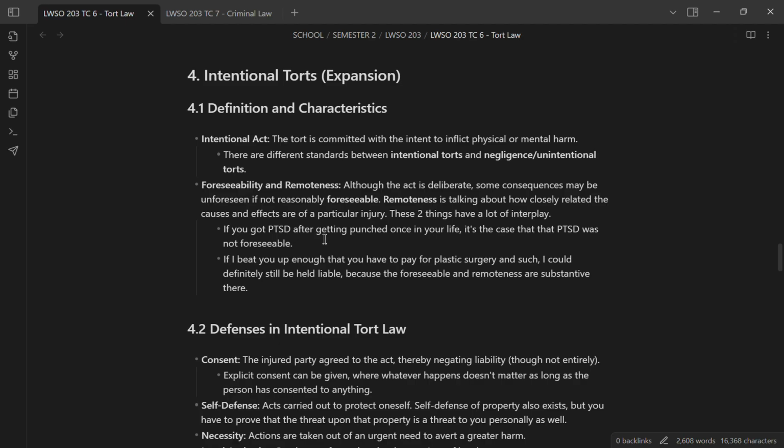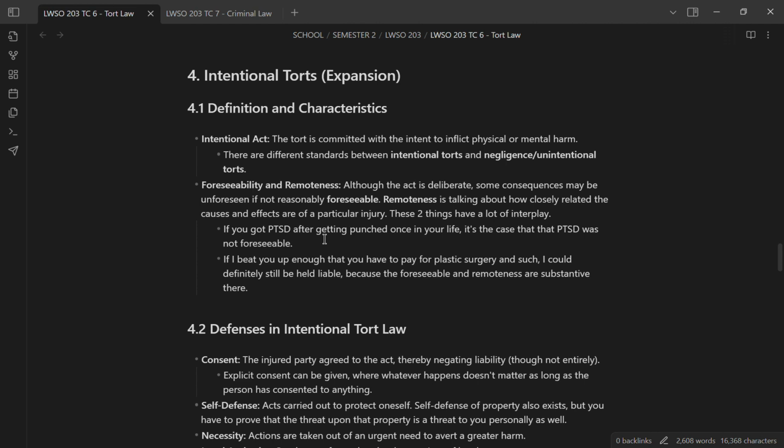Remoteness is talking about how closely related the cause and effects of a particular injury are. So again, we have foreseeability, where we're looking at the consequences of actions not being foreseeable, and we have remoteness, which is talking about how closely related the cause and effect of a particular injury are. So there's a lot of interplay between foreseeability and remoteness.